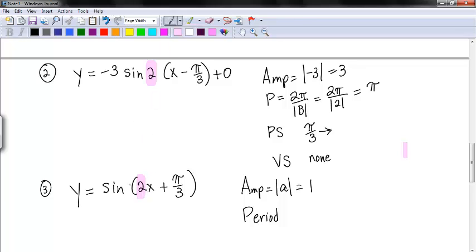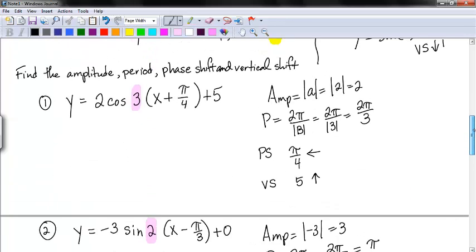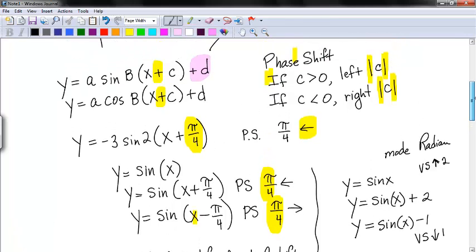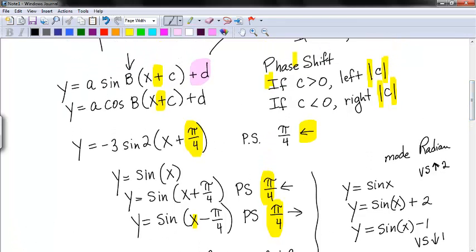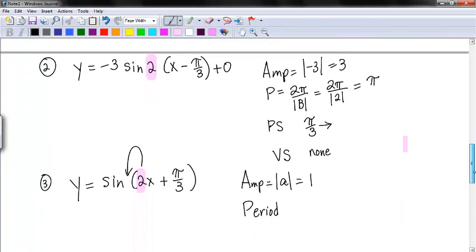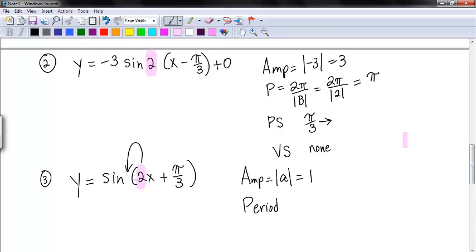It looks like the b is 1, but actually you've got to factor out. If you look back up at this formula, the b is factored out. The number in front of the x has to be a 1. The author's not going to tell you that. You just have to know you've got to factor that out. So if we factor that out, we take the 2 out.